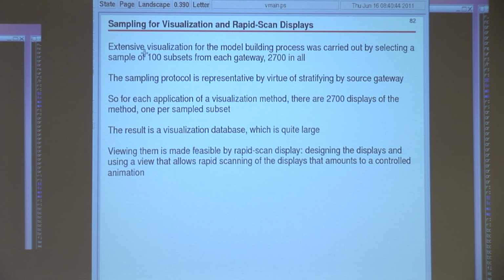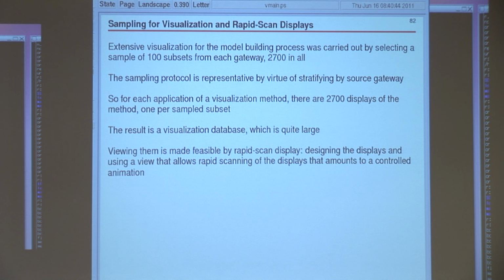Okay, so that's this sampling scheme. By gateway now, because that's all we have in the way of between subset variables.